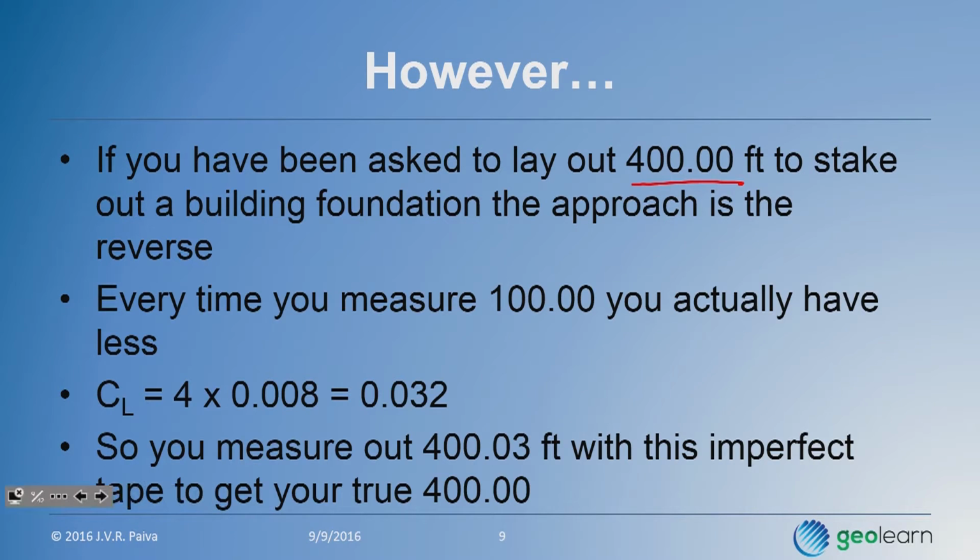If you've been asked to lay out a true 400 feet, then the problem is actually in reverse, because every time you measure 100 feet, you actually have less. So you calculate your error, C sub L is 4 times 0.008. So what you do here is you measure out 400.003 with this imperfect tape to get your true 400.00.